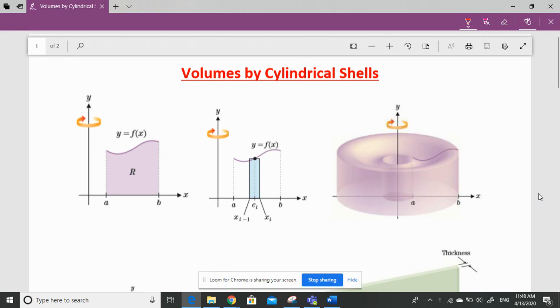As I see here on the left side, I have a function f of x greater than 0, and I have a closed interval from a to b.